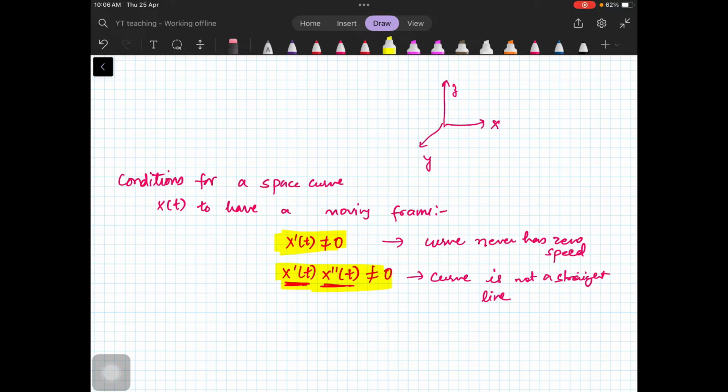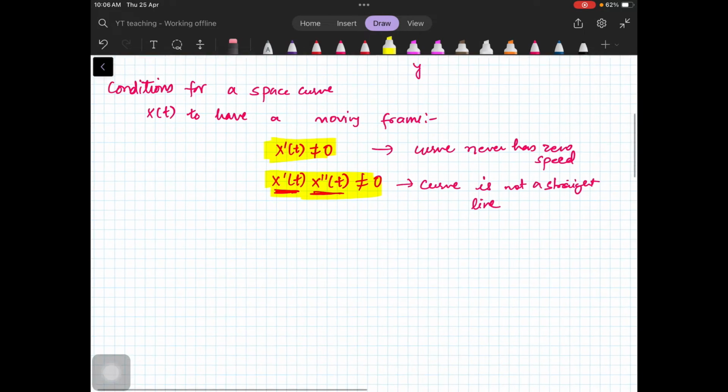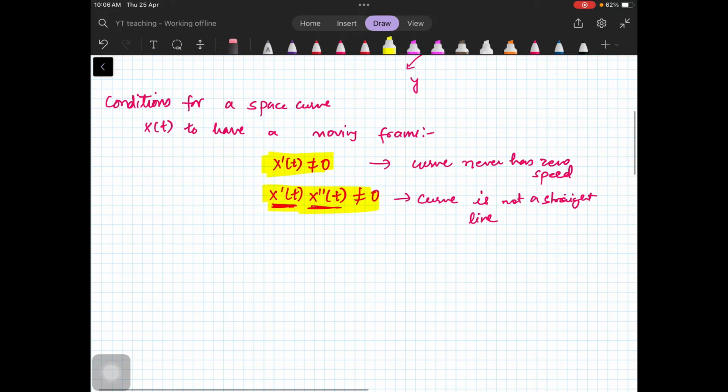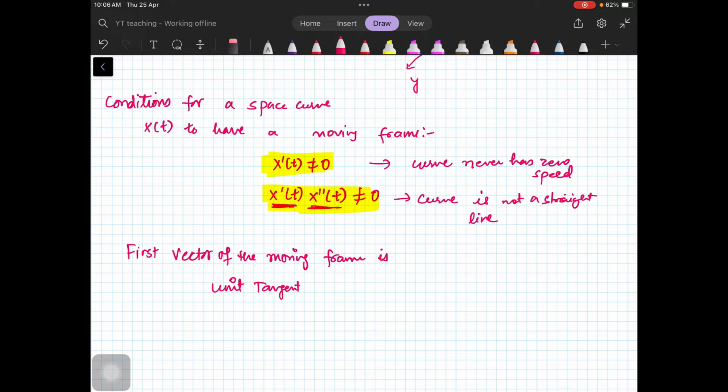Now my next step is to define the moving frame. That means I want to define three perpendicular vectors, and I also want them to be unit vectors. The first vector of the moving frame we already know: we defined the unit tangent vector, which is x prime t divided by modulus of x prime t.